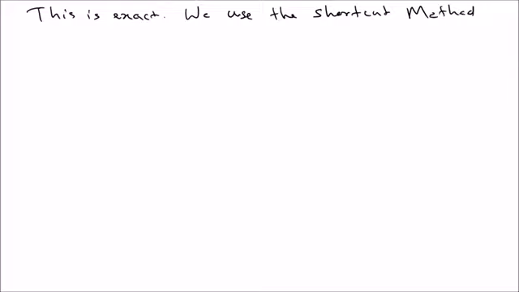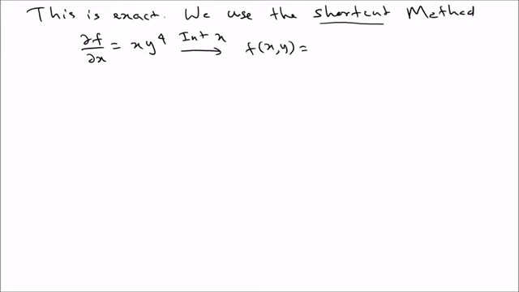If you use the shortcut method, what do you get? We take ∂f/∂x, which is the first function, and integrate this one with respect to x. If you do that, you get f(x,y) equals x squared over 2 times y to the fourth power, because we integrate with respect to x, and we are not going to add the constants.